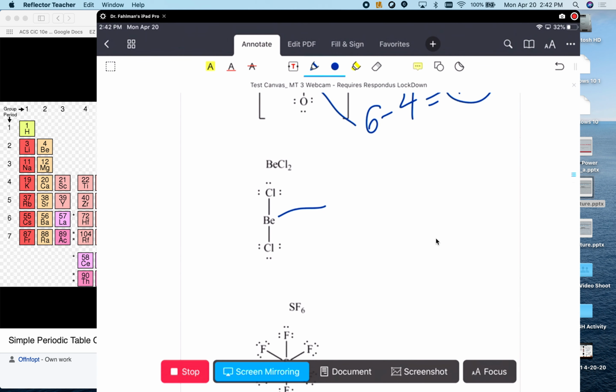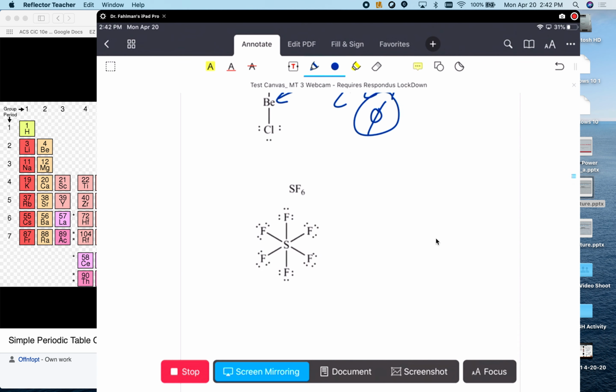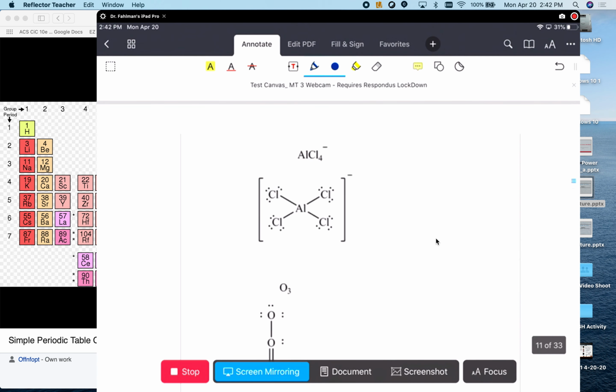But looking at these others, this formal charge would be 2 minus 2 bonds, no dots around it, so that's just a 0 charge. This one would be 6 minus 6 bonds, so that's also a 0 charge.